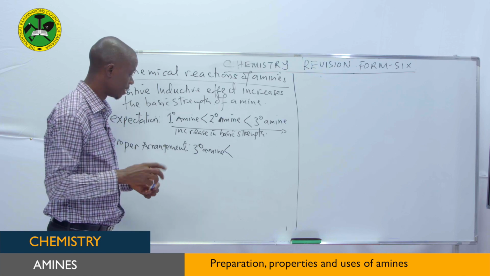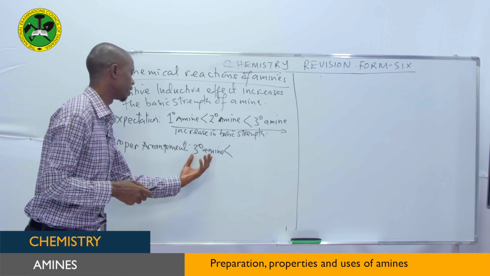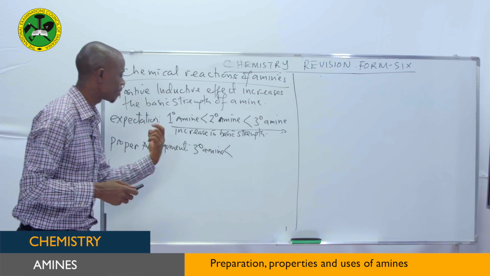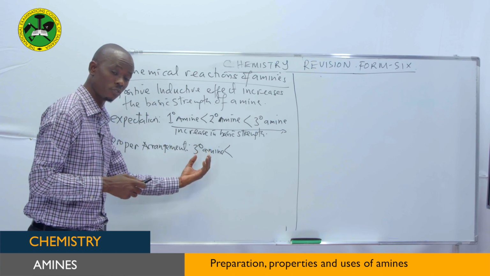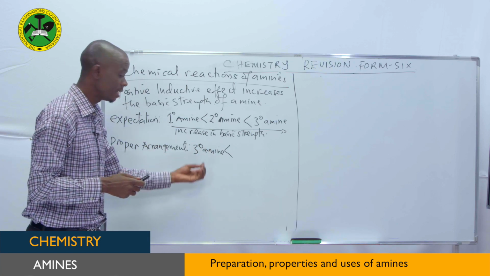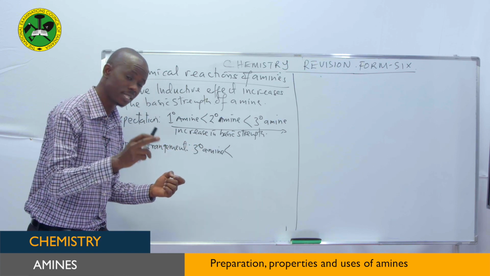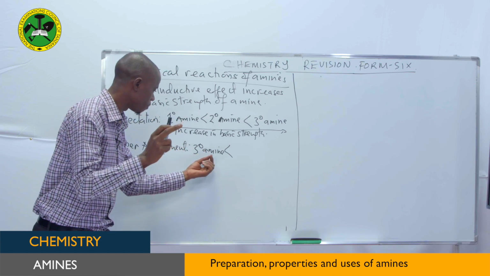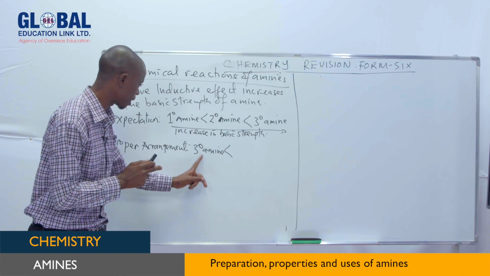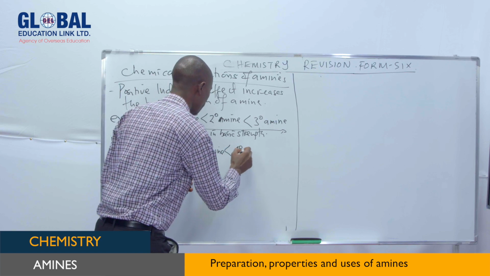I have said that the tertiary amine experiences a stronger positive inductive effect, but what makes them the weakest base of all is that the steric hindrance from 3 different alkyl groups makes it difficult for the Lewis acid to come and bond to the nitrogen atom. Therefore, this becomes the weakest base, followed by primary amine.